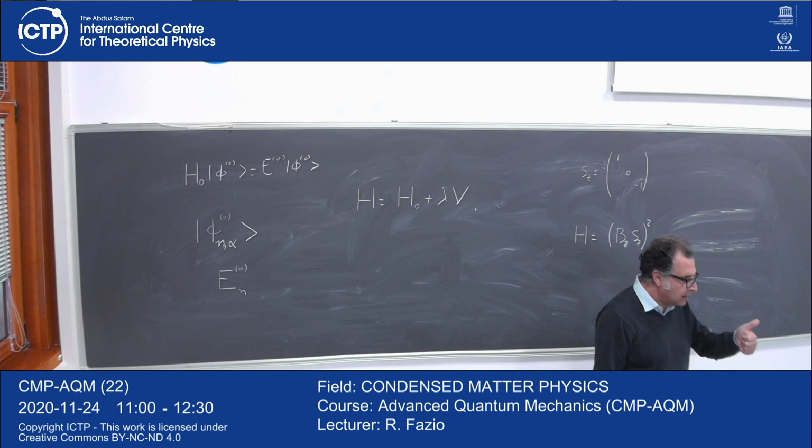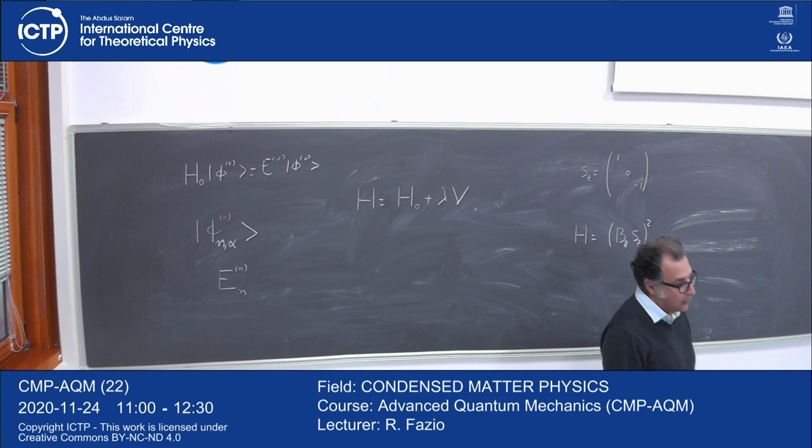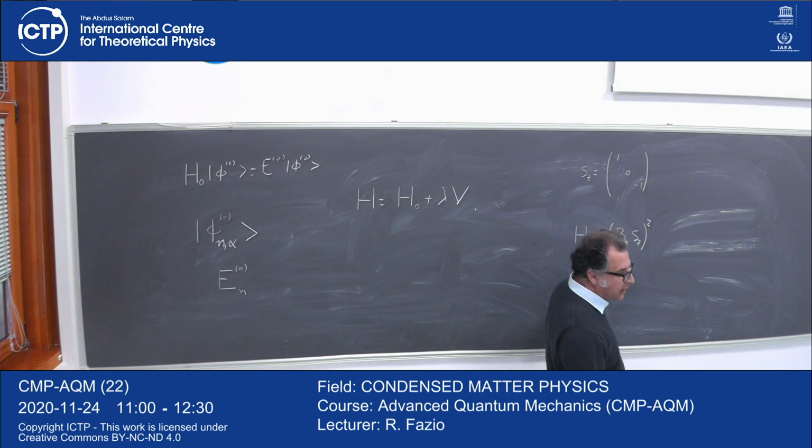Because there is nothing in the Hamiltonian which depends on the spin. Okay? Now, if you apply such a term, then you see that the terms with the up spin and minus spin will have an energy that differs from spin 0.